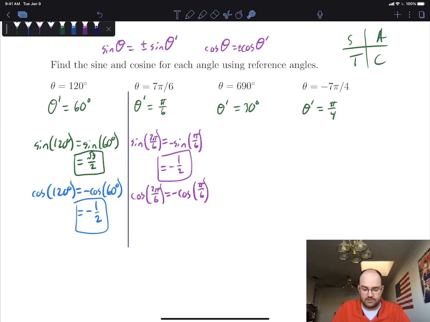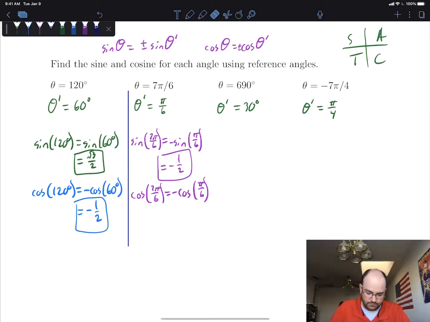So basically, it just depends on what theta prime is, or where theta is, as to whether you should use plus or minus when you're using your reference angle. And cosine of pi over 6 is, of course, root 3 over 2. So this gives me negative square root of 3 over 2. And there you go. That's cosine of 7 pi over 6.